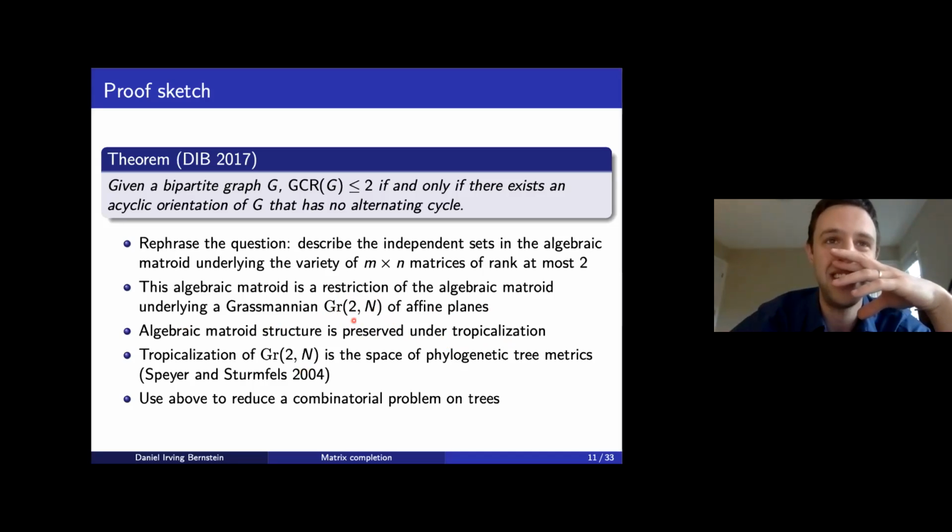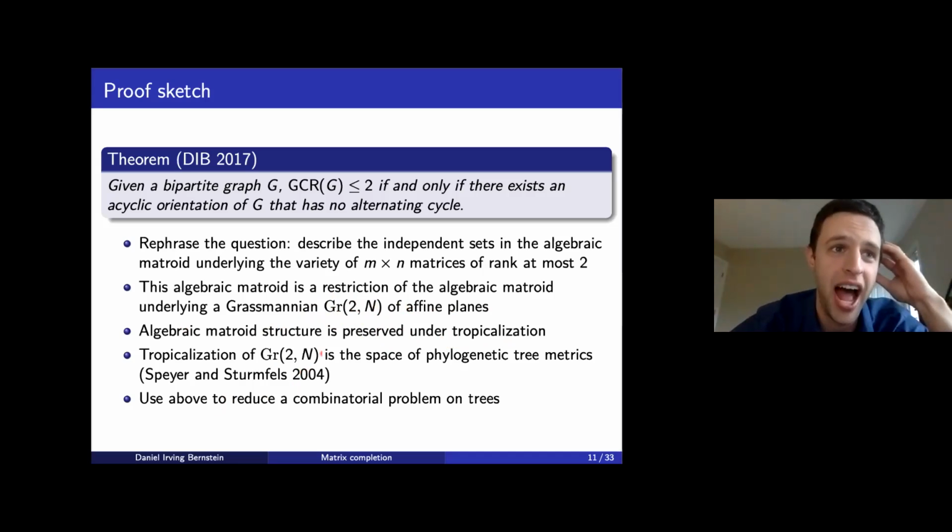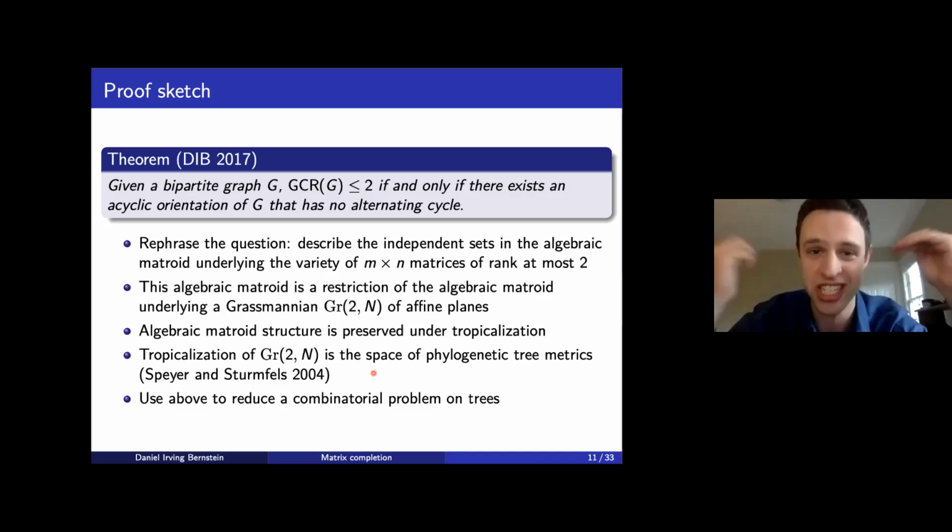And since I started here with this Grassmannian of planes in affine n-space, I can use this result of Speyer and Sturmfels from 2004 that says that this tropicalization is just the space of phylogenetic tree metrics.